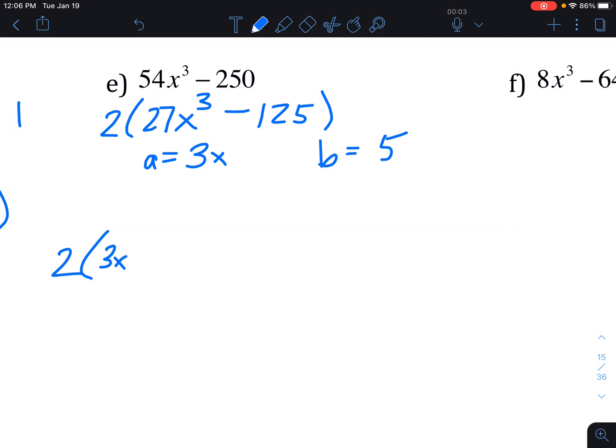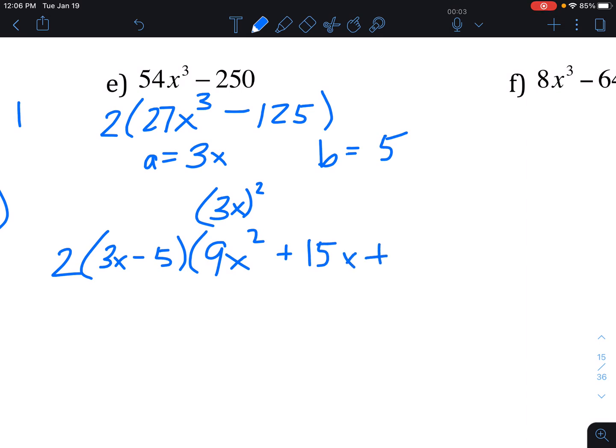So A minus B, parentheses. So that'll be A squared next. So we're going to be careful here, 3 squared. That'll be 9x squared. And then plus A times B, 3x times 5 is 15x, and then plus B squared, so that's 25.